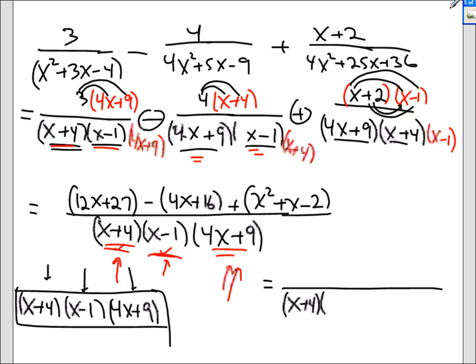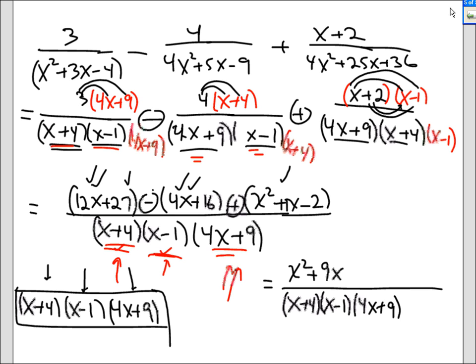X plus 4, x minus 1, 4x plus 9. And we combine the x squares. We have 0 here, minus 0 there, plus 1x squared. Now we deal with the x's. 12x's minus 4x's is 8x's plus an understood 1x. It's 9x. Now the numbers. 27 minus 16 is 11 plus negative 2. That's like 11 minus 2, which is 9.